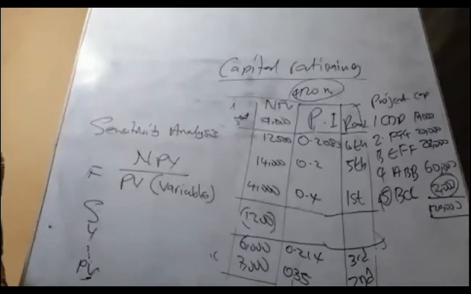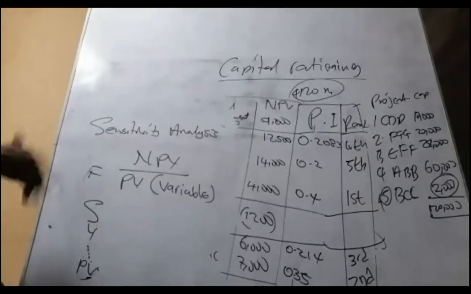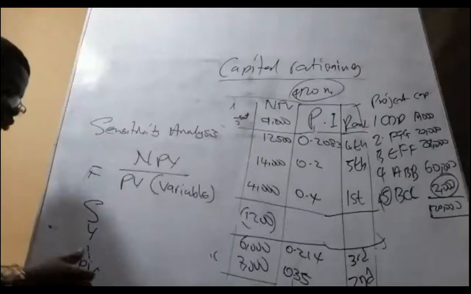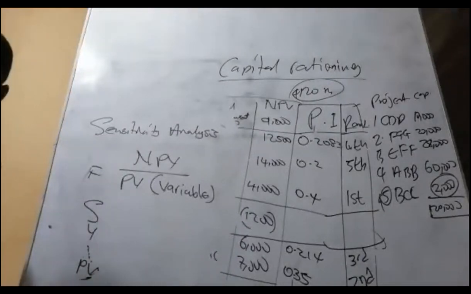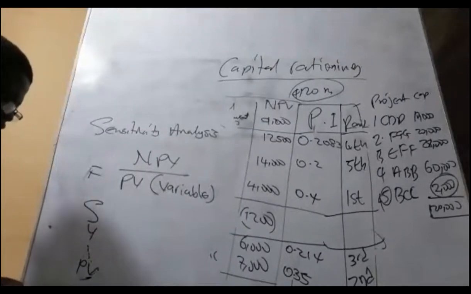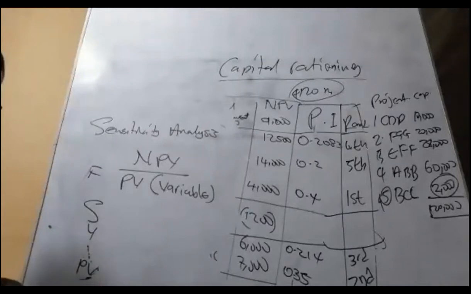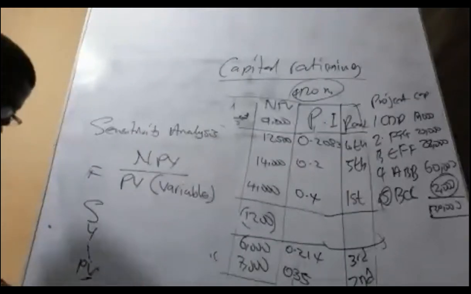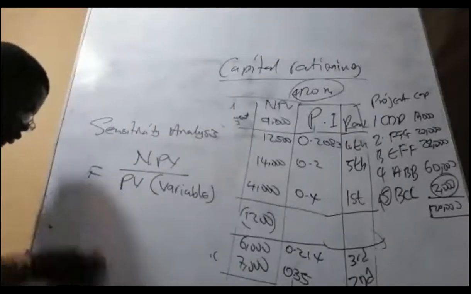And we know the reason. We just want to know by how much the changes in the variable will affect the NPV. That's all. We are done. So for instance, if I want to conduct a sensitivity analysis on selling price or sales revenue, what do I do?